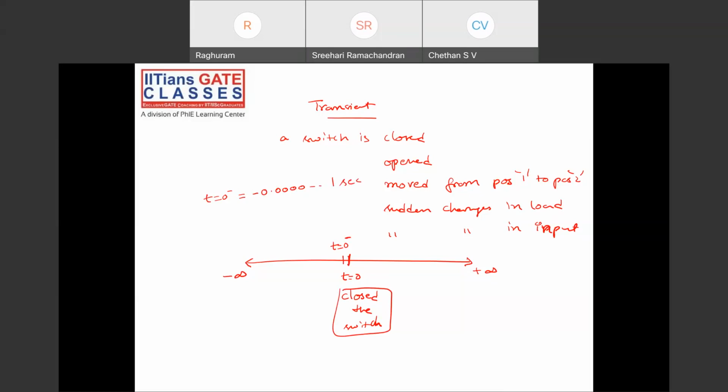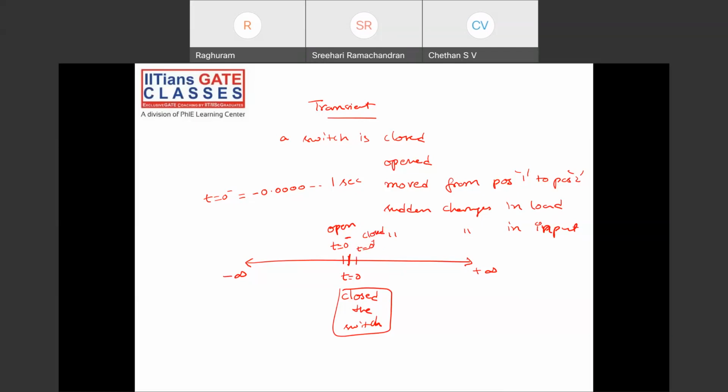I close the switch at t equal to 0. At t equal to 0 minus, the switch is open, right? At t equal to 0 plus, the switch is closed.